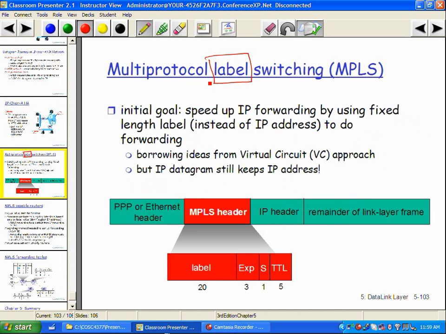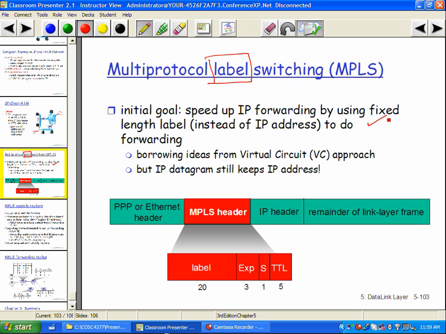The idea here, initially at least, is that IP has an overhead that ATM does not: an IP address is 32 bits, and every time you go to a router, all 32 bits have to be matched against this big table, which has to respond to all possible addresses. It takes a lot of time to compare and figure out where each packet needs to go.